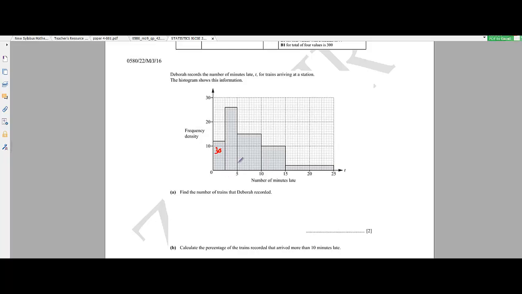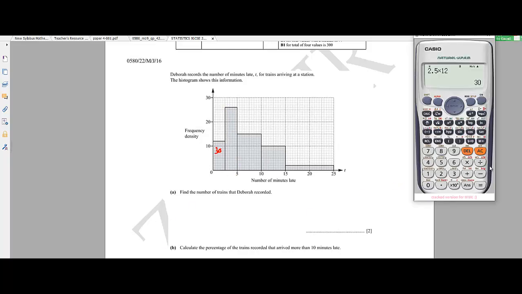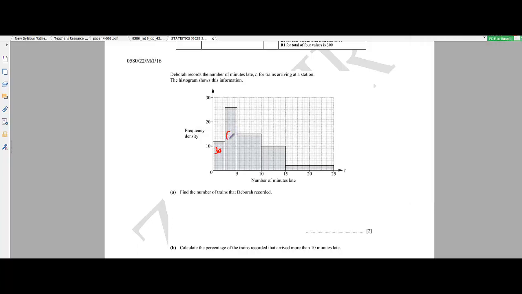What is the frequency of this bar? 2.5 into 26. So 2.5 into 26 is 65. So 65 trains here.